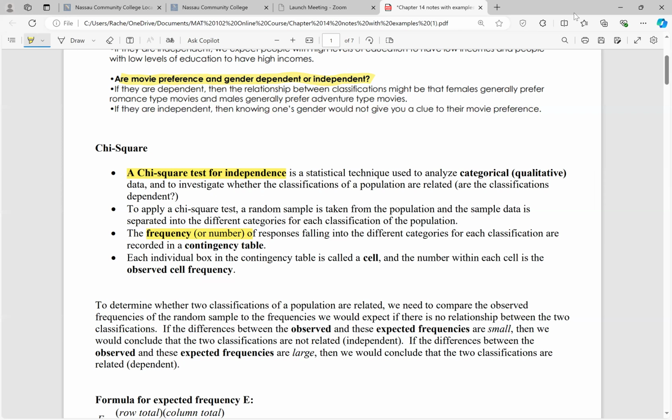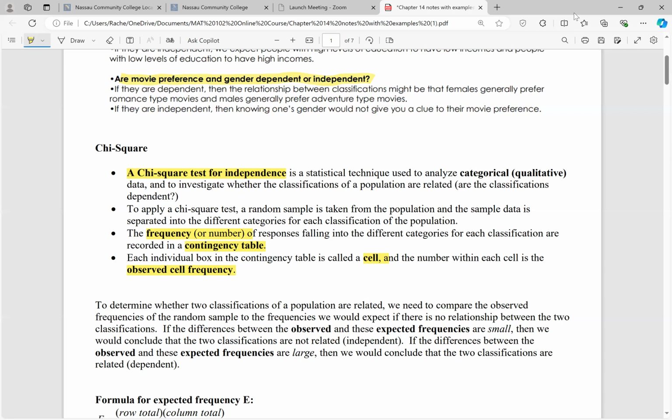And we display it in a nice table called a contingency table. And each individual box in the contingency table, we just call that a cell. And then the number within each cell is called the observed cell frequency.